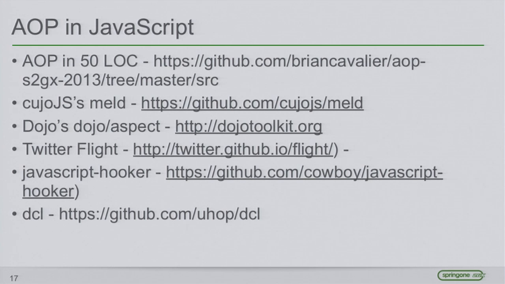And in Cujo.js, we have an AOP implementation called Meld, which also supports all the advice types. This one, JavaScript hooker, is an example of a library that was written by someone who didn't know AOP had a name, but it's a really cool little library. DCL is a project by another person involved in Dojo.